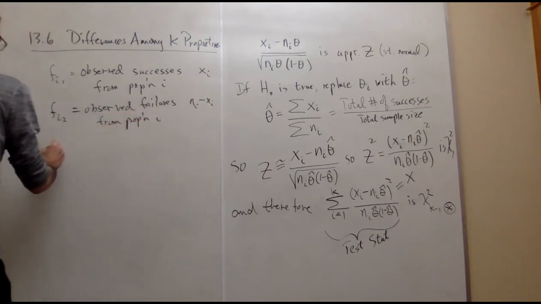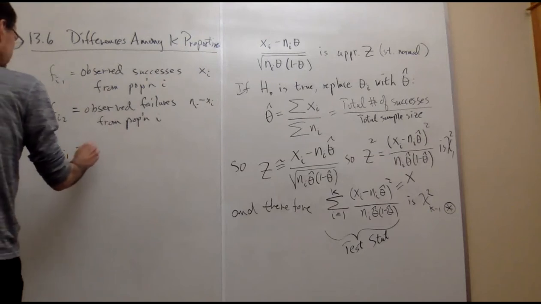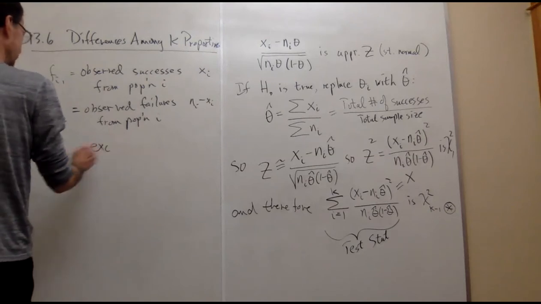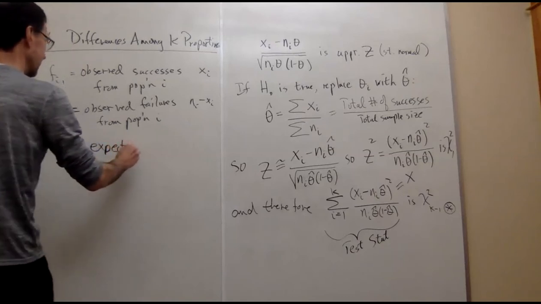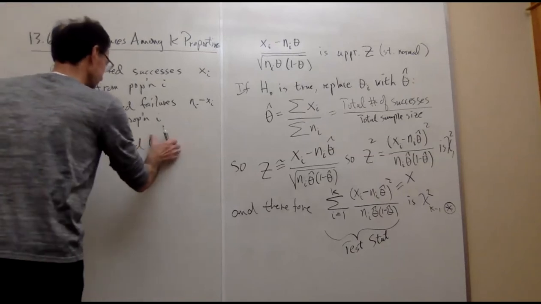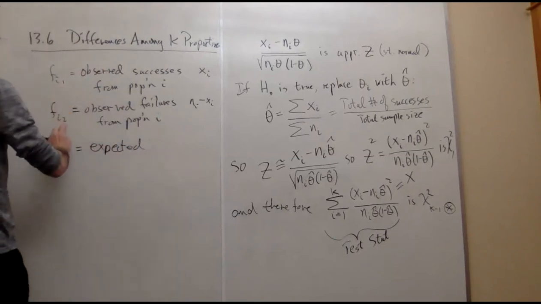And then we have our expected, if the null hypothesis is true. Ei1 is the expected successes. So the sub 1s are successes in the second subscript.